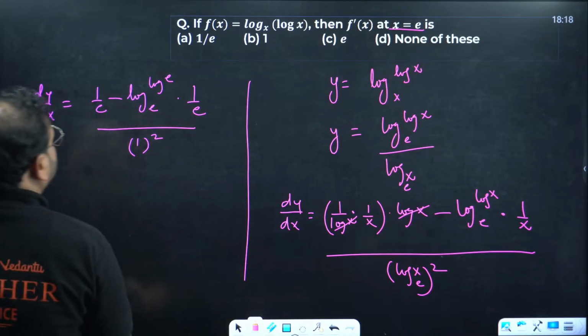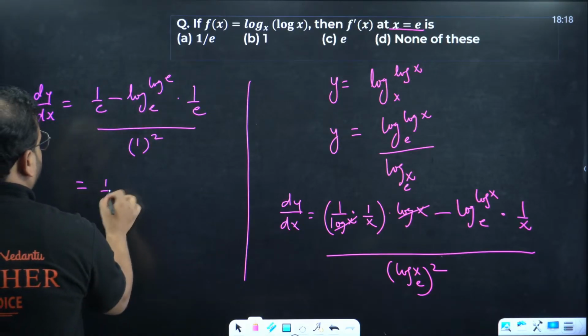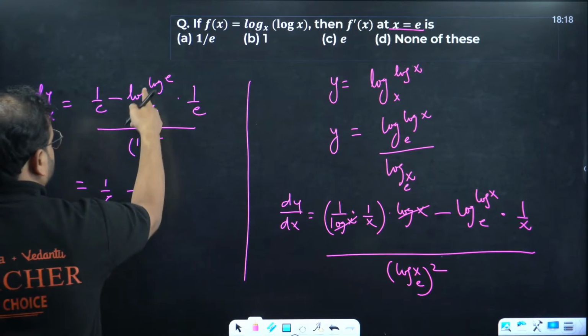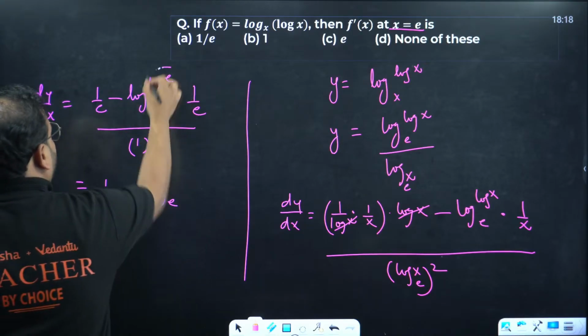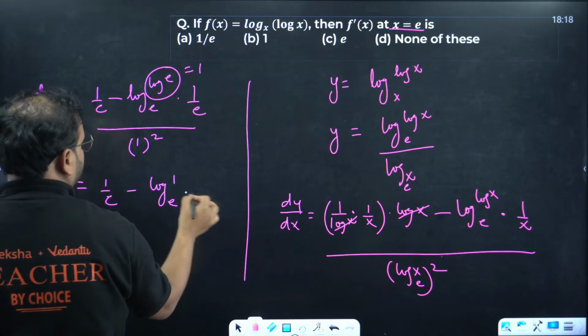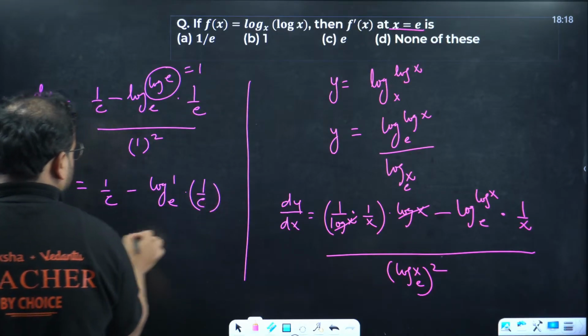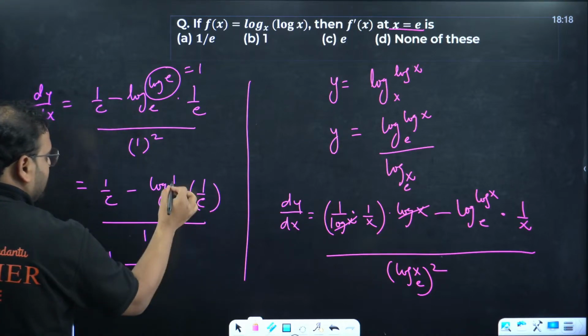Yes. So getting the value over here as 1 by e minus, check this out, this becomes log of log e is what? This is equal to 1. So we'll have over here 1 into 1 by e as it is. This is also 1. I get 1 by e minus log 1 is what?